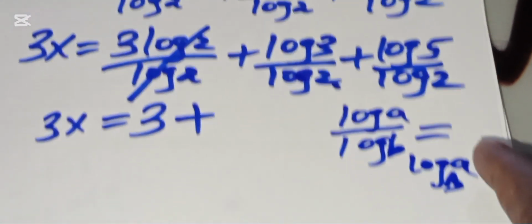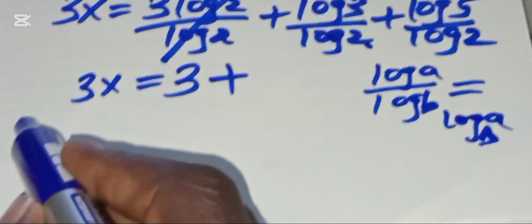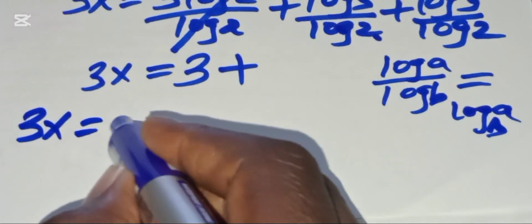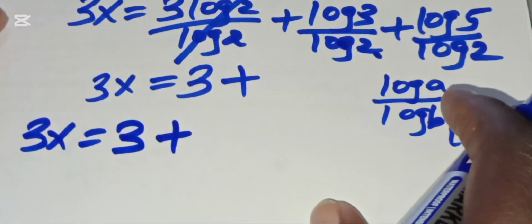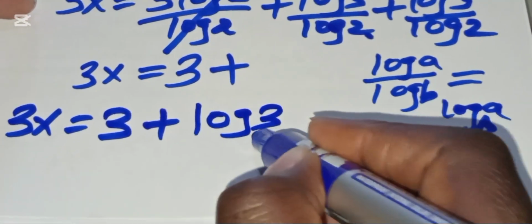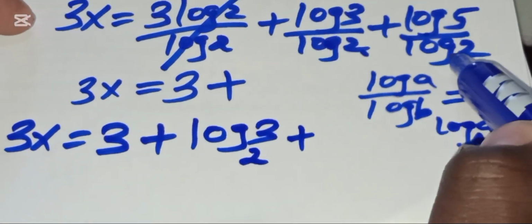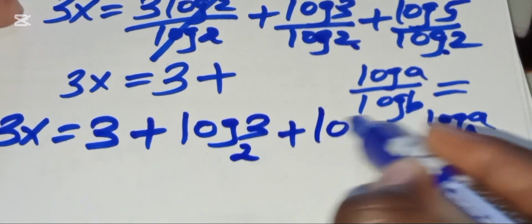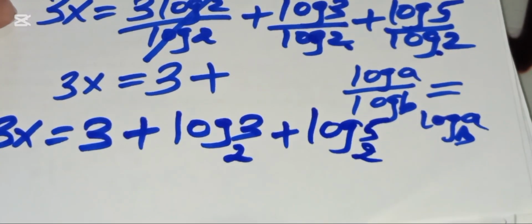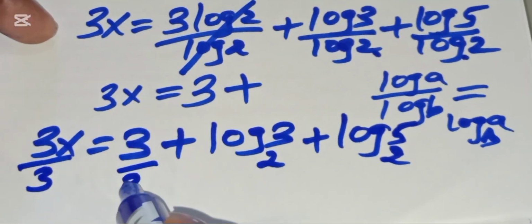So let's apply this property. We're going to have 3x equal to 3 plus log 3 to base 2 plus log 5 divided by log 2, which is the same thing as log 5 to base 2. So divide both sides by 3.